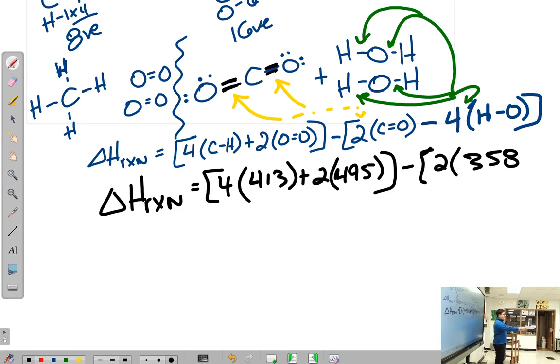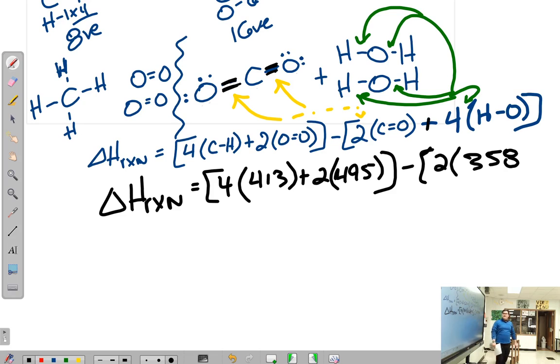Where did that number come from? Where did I get 358 from? Single bond. Shouldn't that be a plus, like the C double bond O minus 4? Yes, this should be plus. You're right. But where did I get this 358 from?